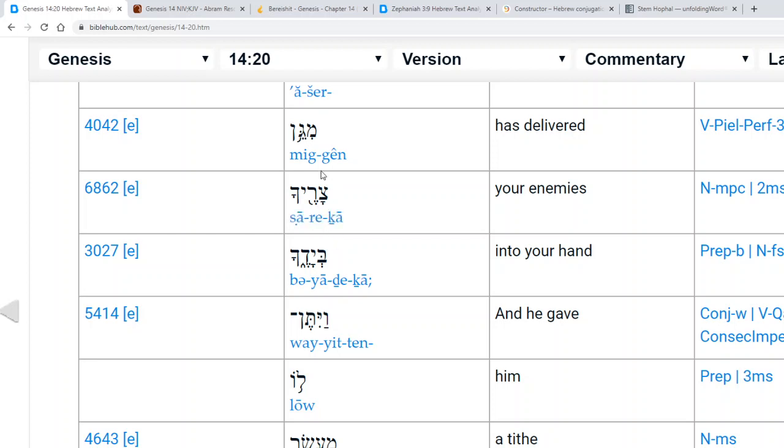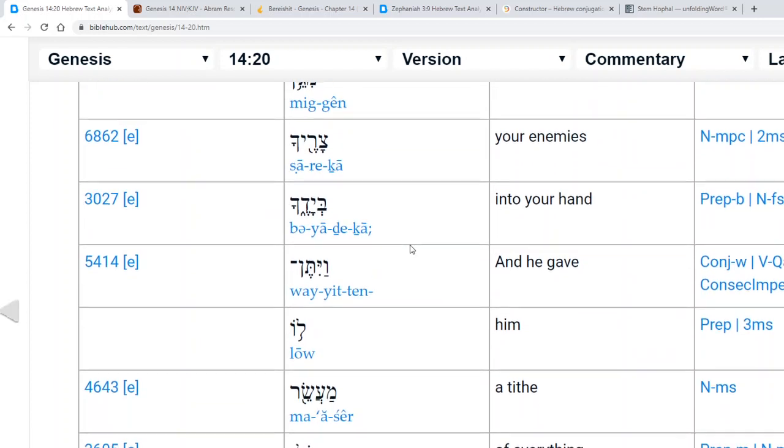Tzarecha beyadecha. The people who are... he put them into, right? Captured, I guess you could even say, right? Migen tzarecha beyadecha. So prepositional bet, yad means hand. It's in the singular. Yadecha, your hand, right?